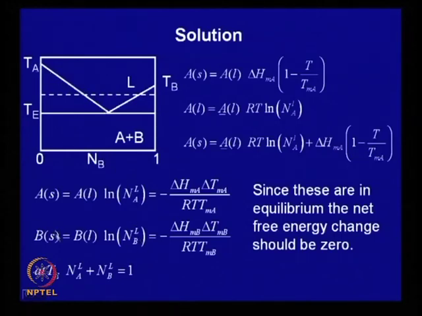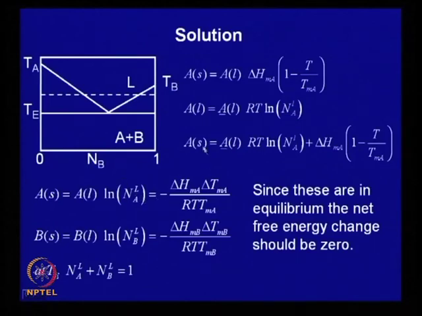In the same way, if you solve this, then you will be able to generate this plot, and wherever these two meet, this is where the composition of the liquid which is in equilibrium with A is exactly the same as the composition of the liquid which is in equilibrium with B. In this particular case, the sum total of this will be 1. So, that is how it is possible to find out the eutectic temperature as well as the eutectic composition.